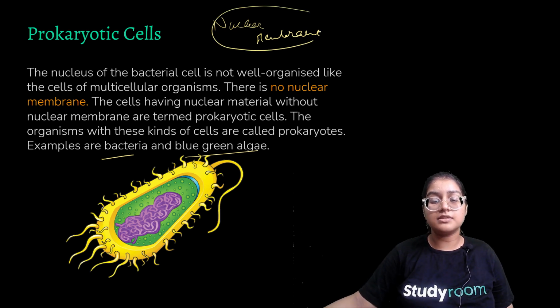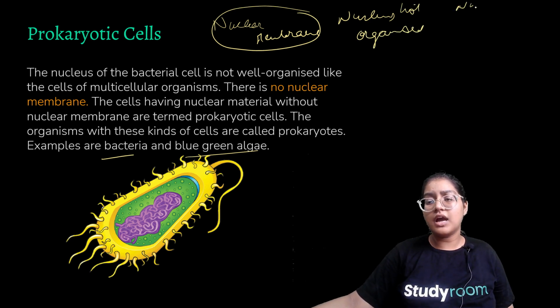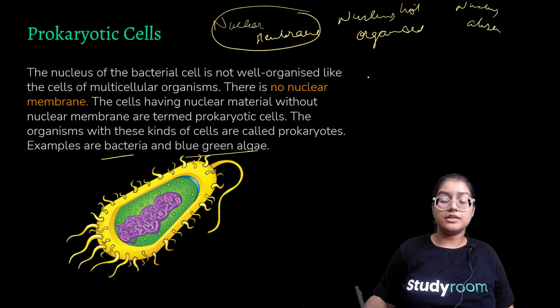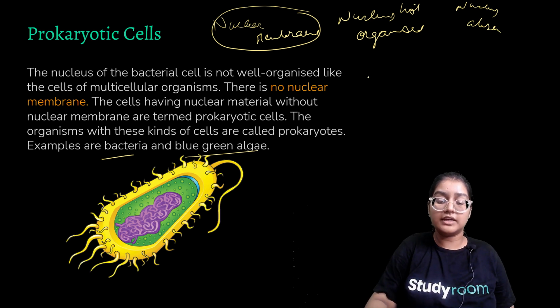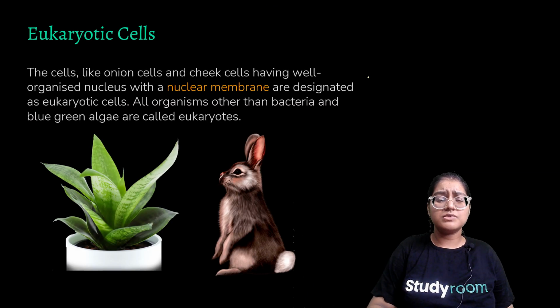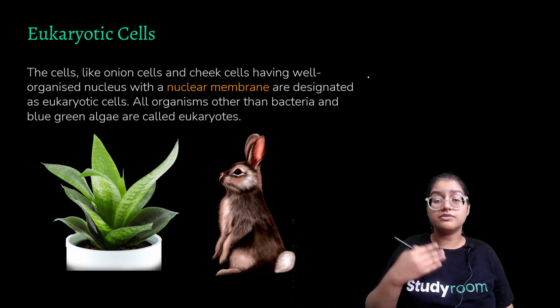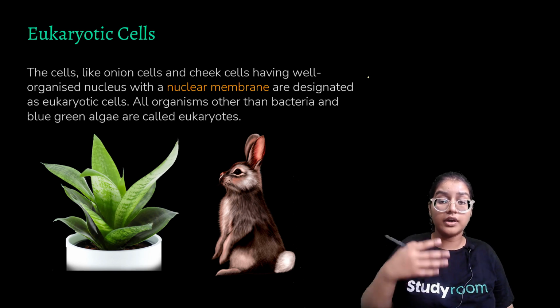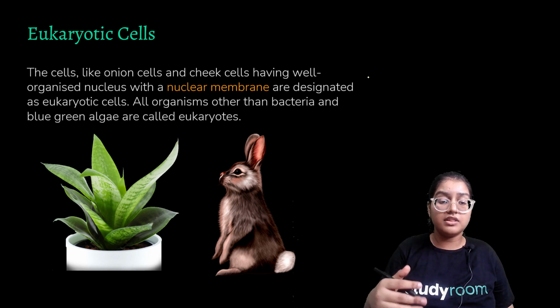Sometimes the nuclear membrane is absent, the nucleus is not very well organized, or the nucleus is basically absent. These three factors make the prokaryotic organism, the simplest form of organism with no cell organelles. Eukaryotic organisms are the complex organisms. They have everything: a nucleus, cell organelles, mitochondria, Golgi apparatus, everything.